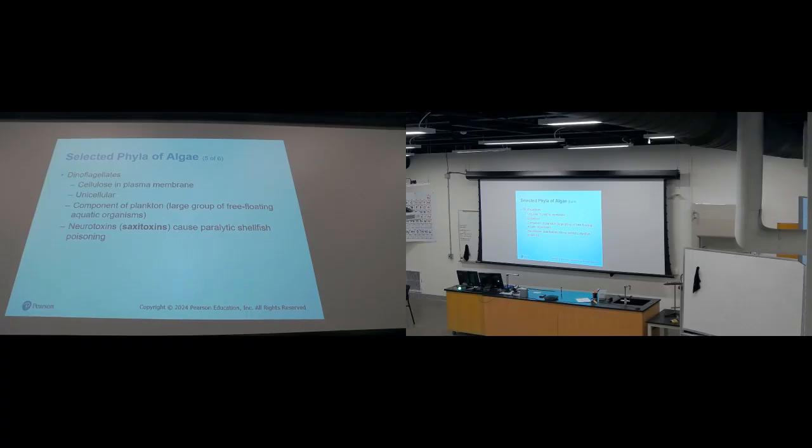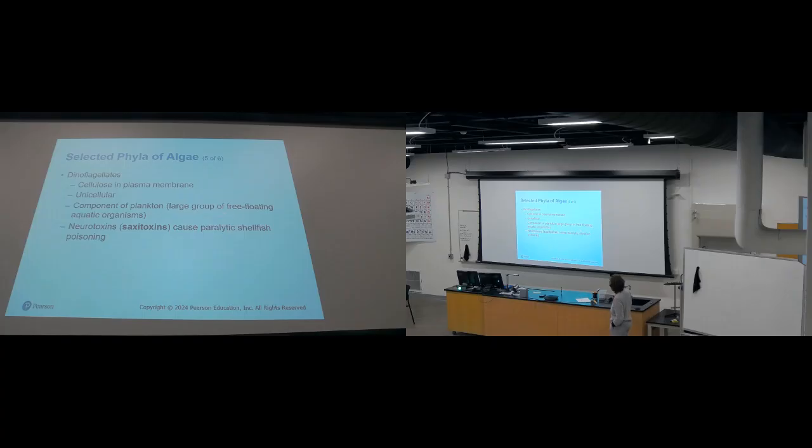Dinoflagellates have cellulose in the plasma membrane. They are unicellular organisms, and they're part of the plankton. So they are also flagellates that can be ingested by pupfish, and they produce this neurotoxin that is called saxitoxins.